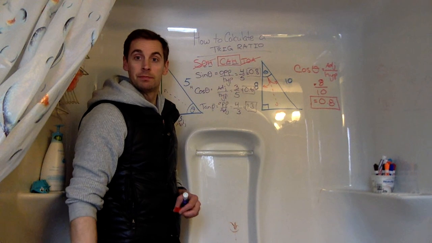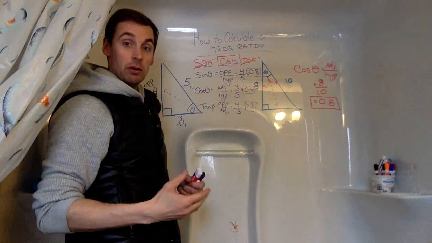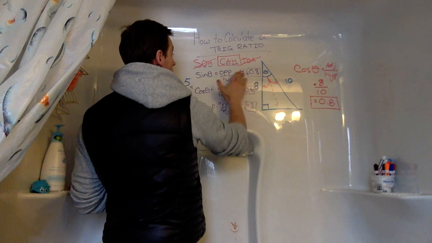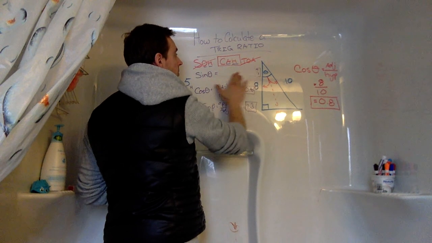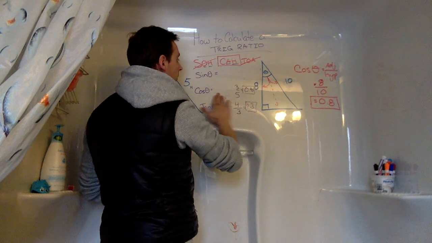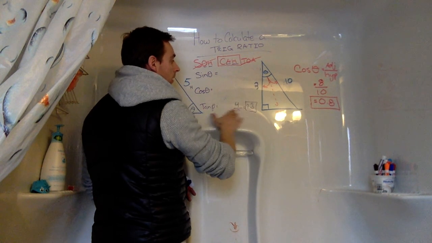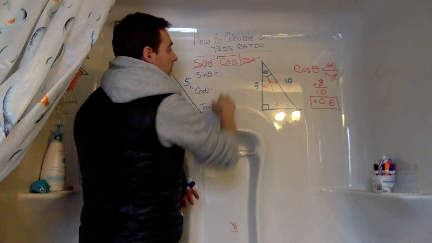So there we go. Now, if we're looking to find the angle, this is where things are going to change a little bit. So I'm going to keep my ratios here. I'm just going to fill them in briefly, and I'm going to show you how we go from our ratio back to the angle.